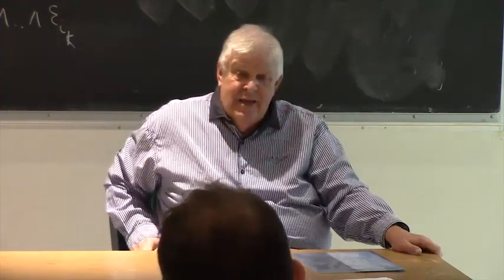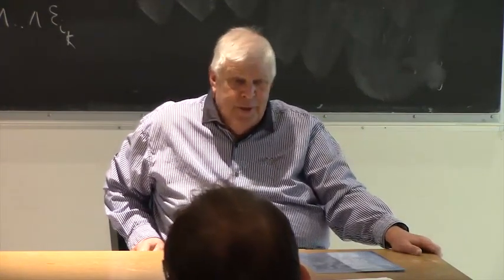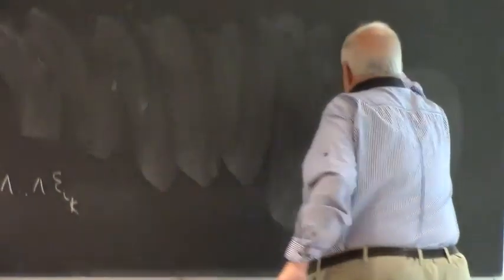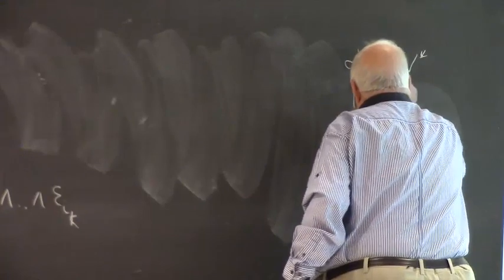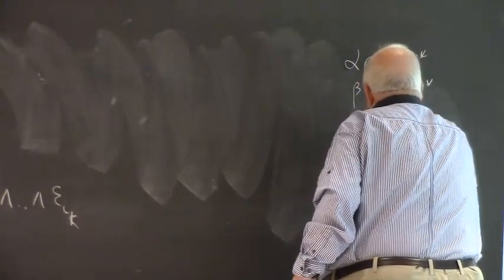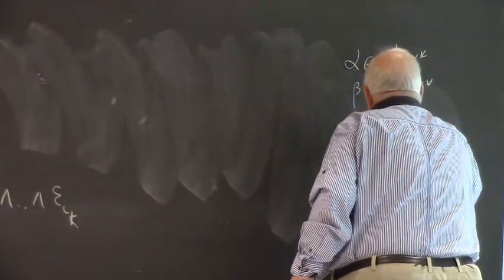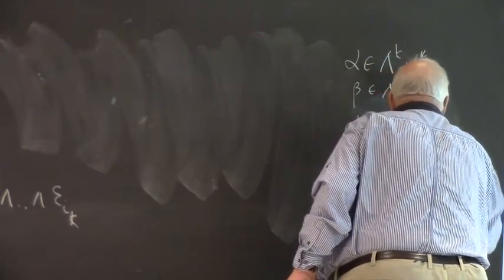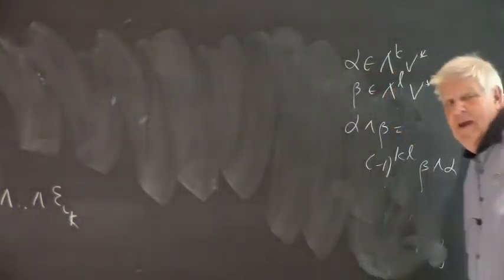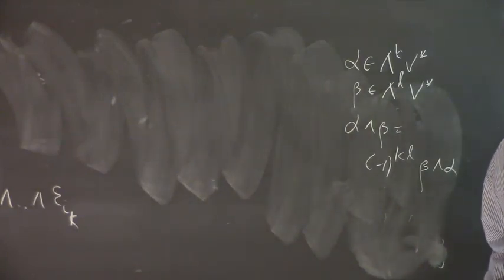What I didn't say, and you want to know it, so let me write it here. If alpha is from lambda k and beta is from lambda l, then alpha wedge beta is (-1) to the power kl beta wedge alpha. This follows from the skew commutativity immediately, and I will not check it, but it is true.